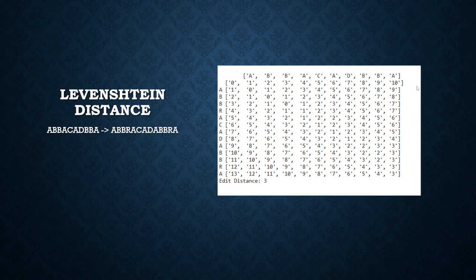So if I had nothing and I wanted to see the Levenshtein edit distance of taking nothing to abacadabra, it would be a 10. If I had an A and I wanted to take it to abacadabra, it would be a 9. So you can see the pattern, and if we look at the end result here, the end result is a 3.